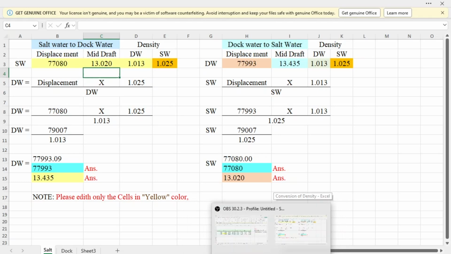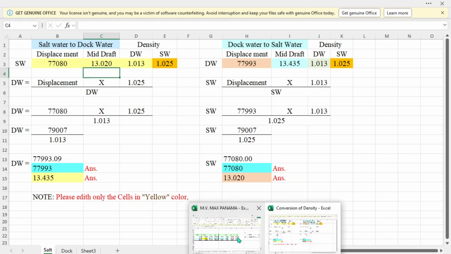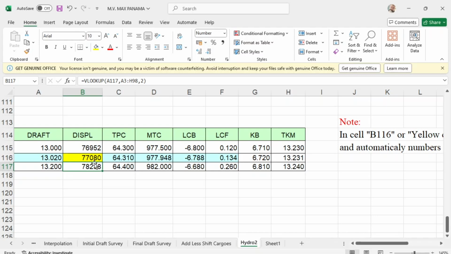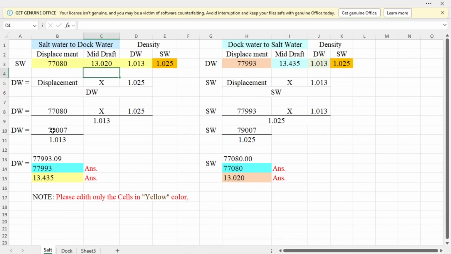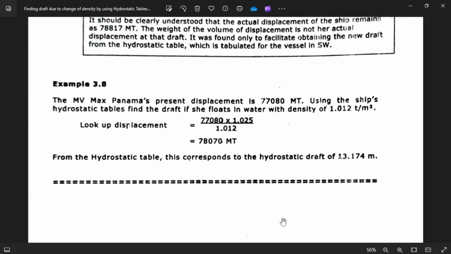Then you transpose this salt water displacement, put it here, and you multiply this with 1.025, which is this one, over your local density of how much? Your local density of 1.012.